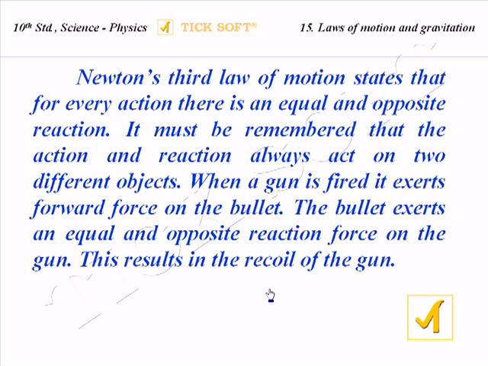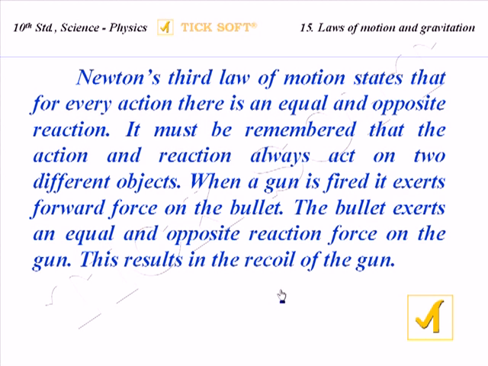We explain the third law of motion. When a gun is fired, it exerts a forward force on the bullet. The force on the bullet is in the forward direction. The bullet exerts an equal and opposite reaction force on the gun.